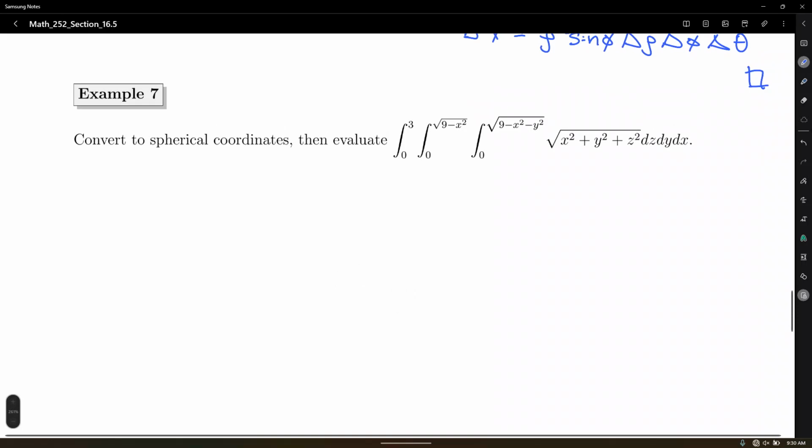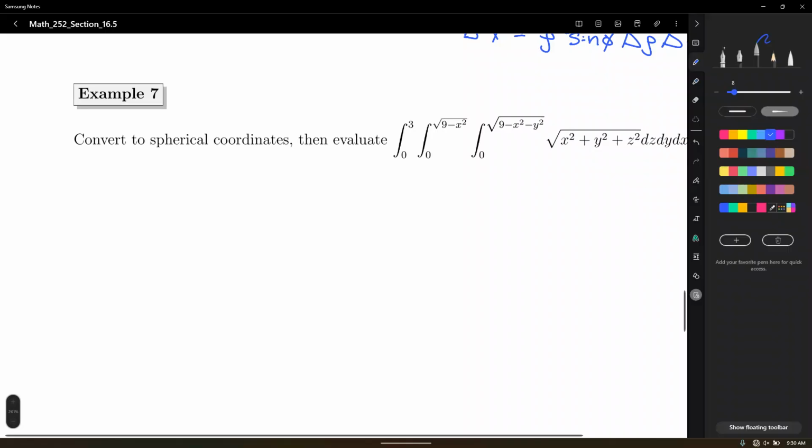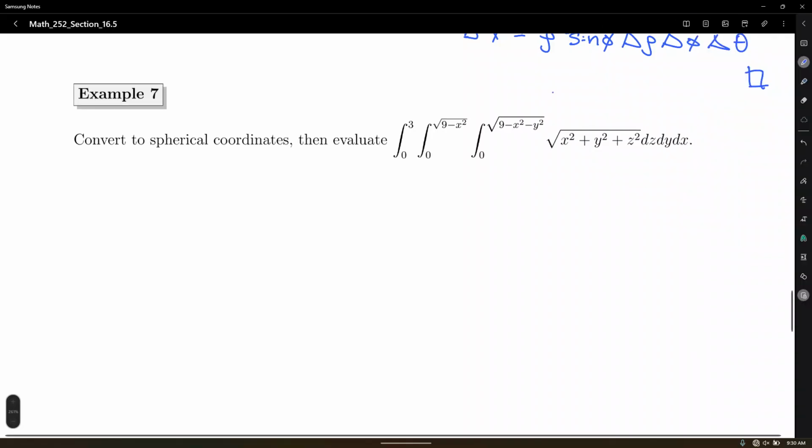We have 0 as a lower bound. All the values have to be positive. So 0 means the floor, the xy plane, and the positive root means upper hemisphere, right? Upper hemisphere of radius. What's the radius of the sphere, by the way?